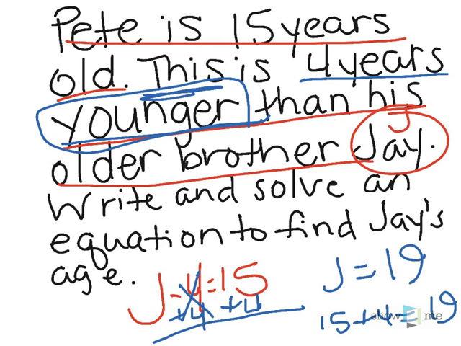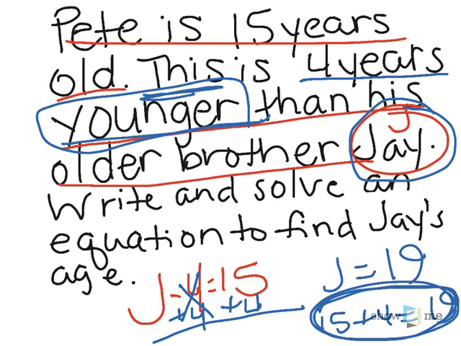Again, I don't know Jay's age, so I had to give him the variable. Even though this is essentially the same thing, right? 15 plus 4 is 19. You have to do what the problem tells you to do. So again, it's very, very important that you kind of watch for keywords. If somebody's younger, we have to do a subtraction problem. And that's the long and short of that.